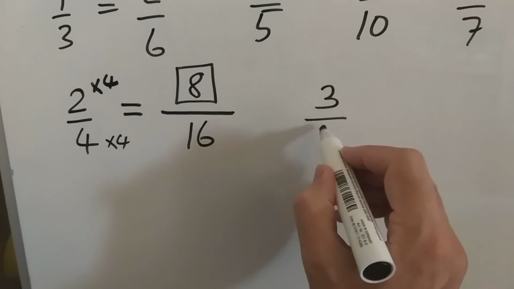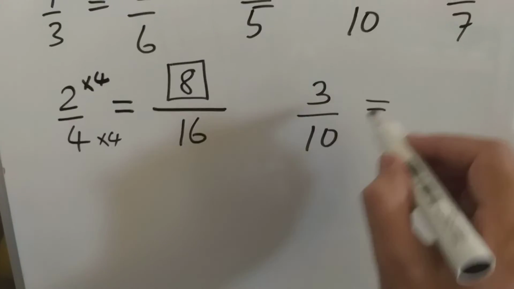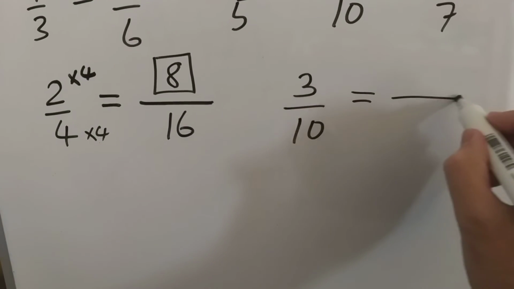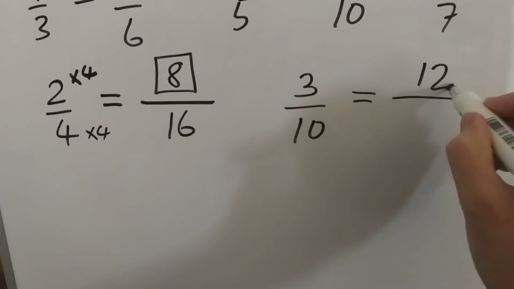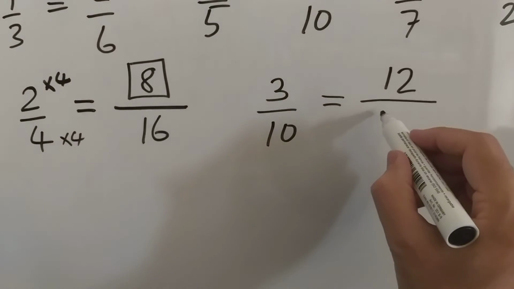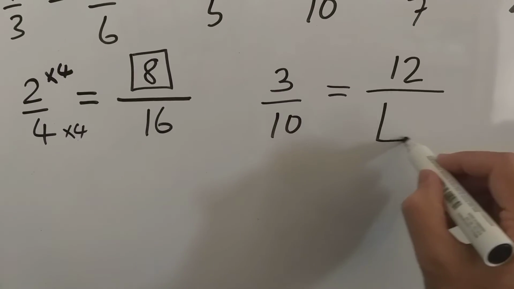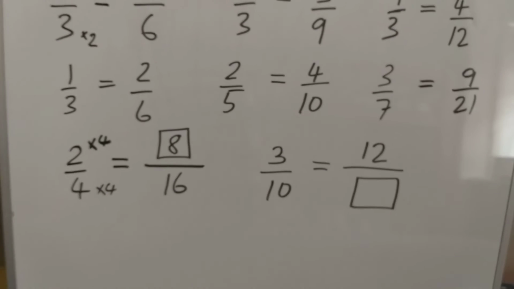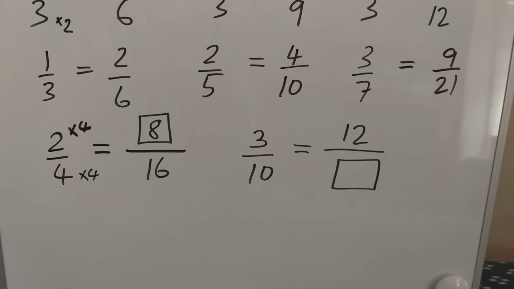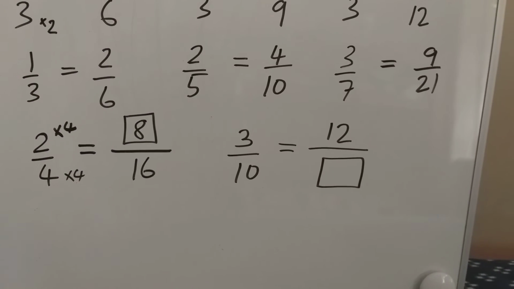Suppose we have 3/10 is equal to 12 over a missing number. So we have to find the multiplier.